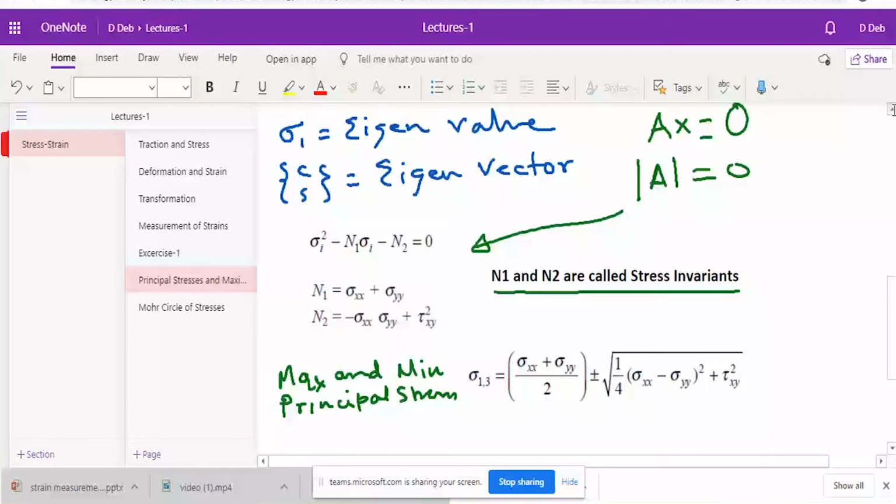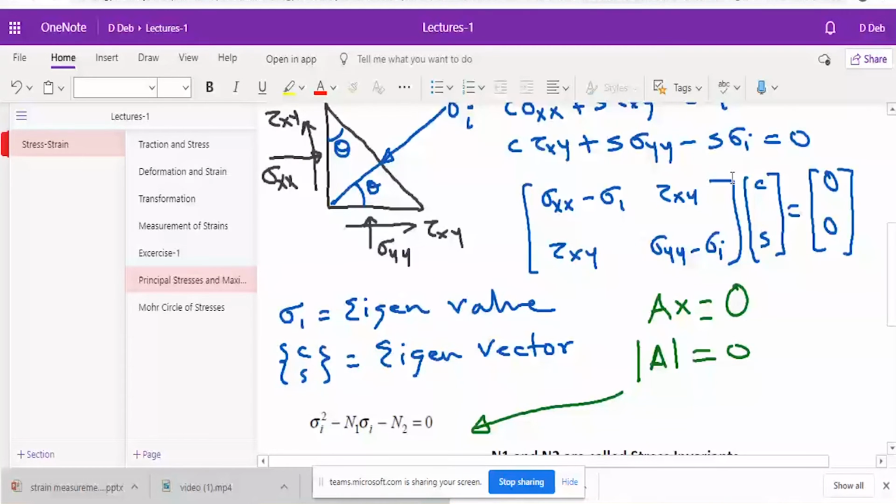You put 15.5 here. So this is 3 minus 15.5. Why don't you write 3 minus 15.5? This is 2.5. And this is 15 minus 15.5.